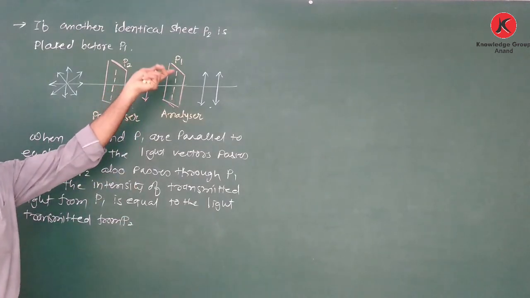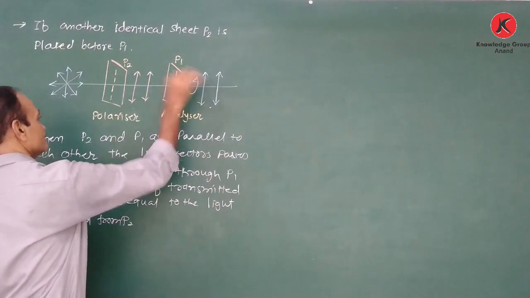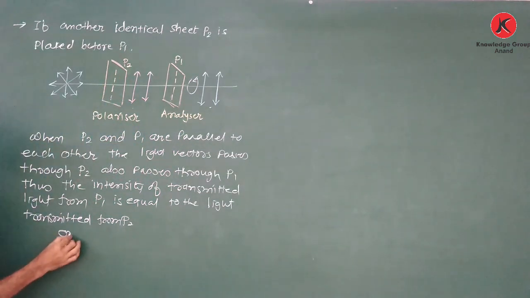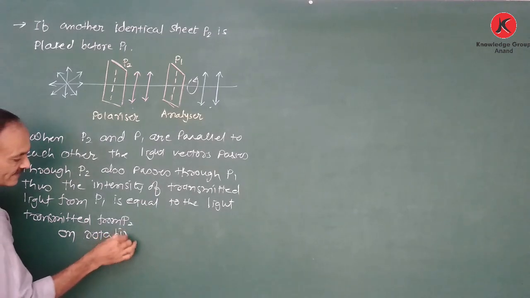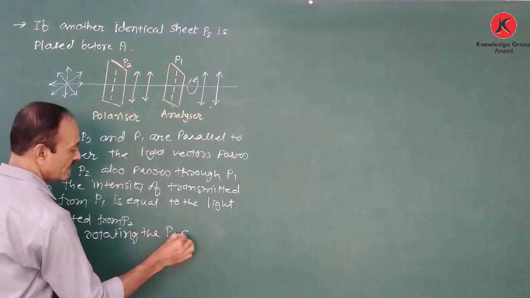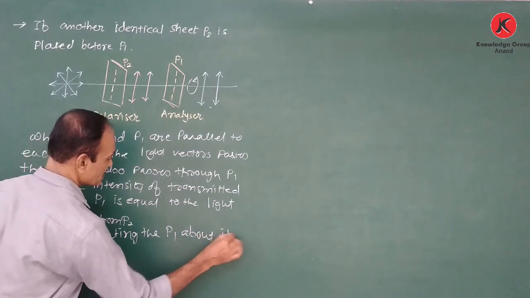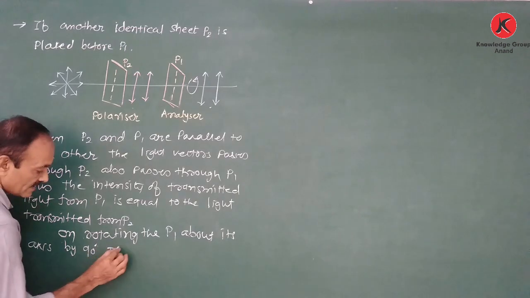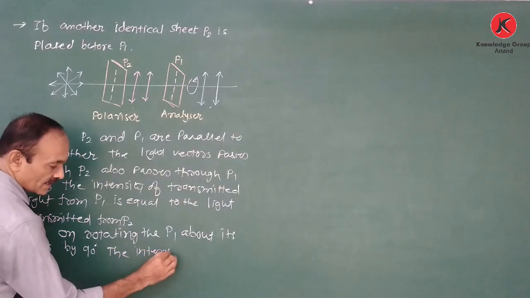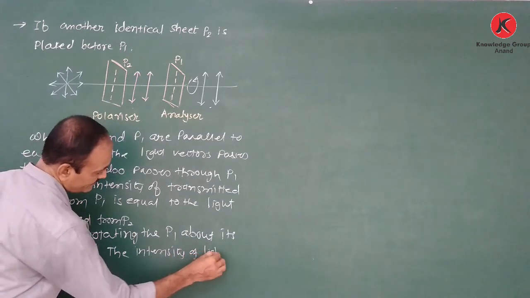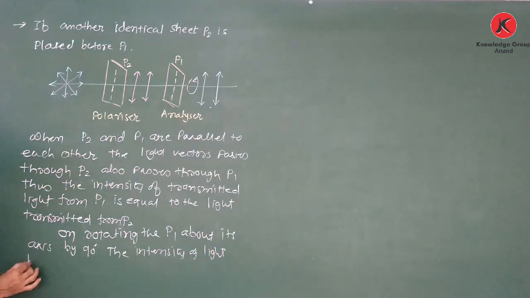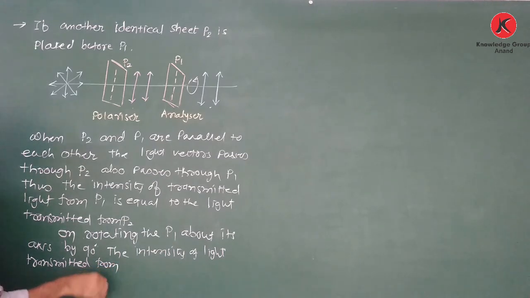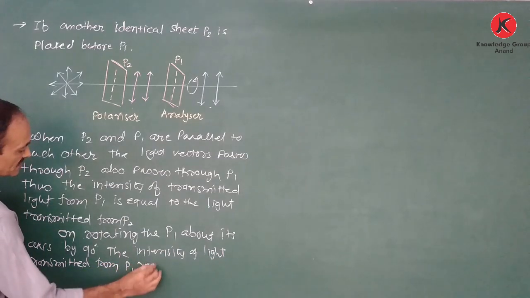On rotating P1 about its axis by 90 degrees, the intensity of light transmitted from P1 is reduced to zero.